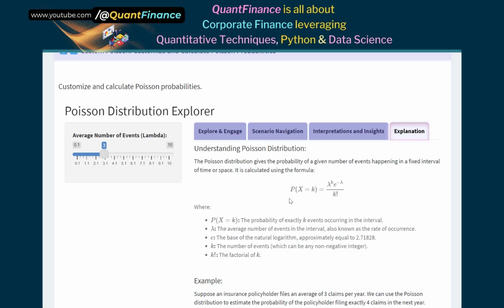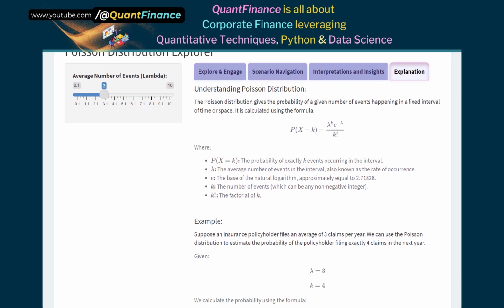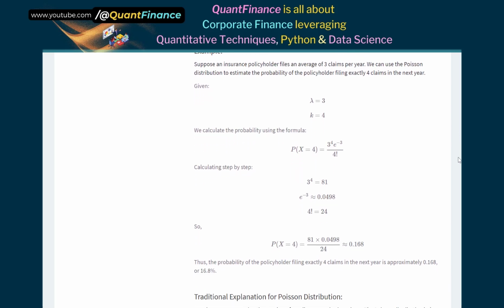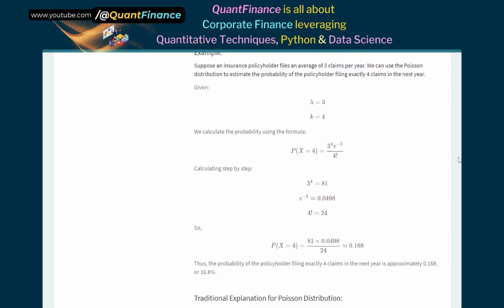If we take an example, we are talking about the application of Poisson distribution in quantitative finance or in any corporate finance situation. Let us take the example of insurance policyholders.